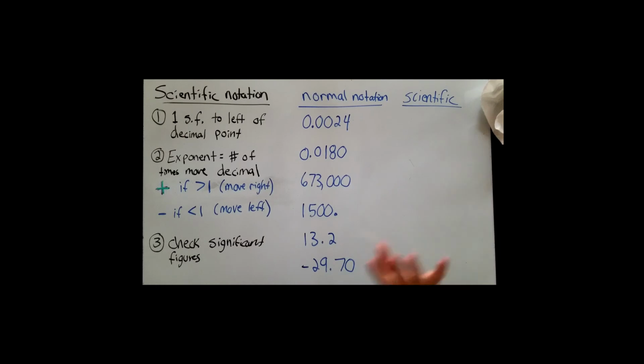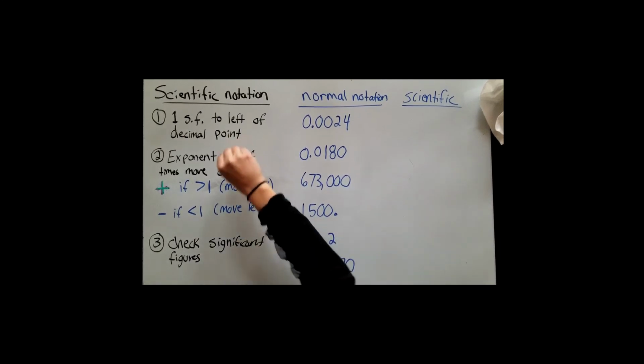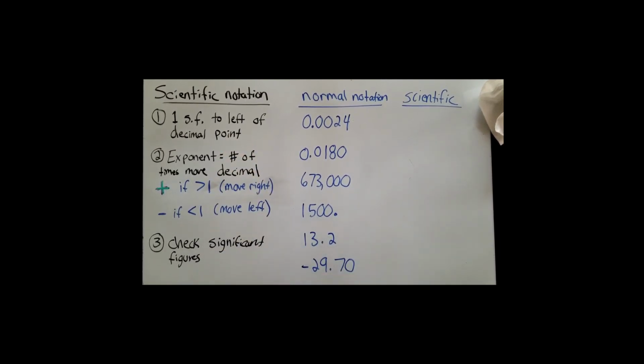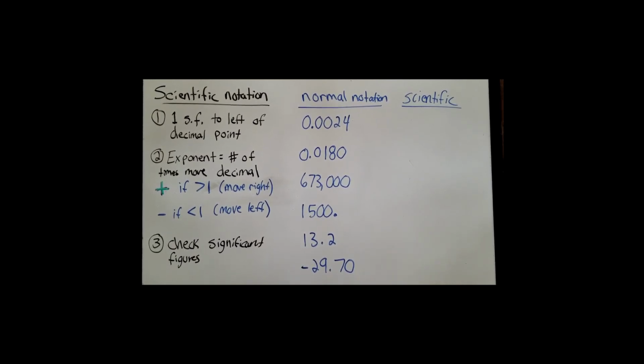Now, before I start applying the rules, I want to count my significant figures. The reason we learned about significant figures first is because we're applying it not only to calculations, but also to these transformations between normal and scientific.